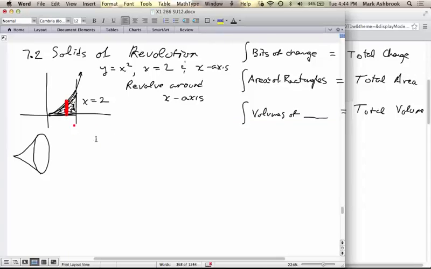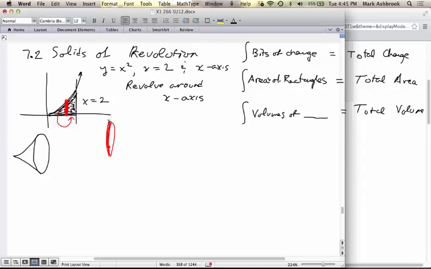Okay? So when we rotate that thing around the x-axis, we're going to get... If your pictures aren't great at first, keep working on it, okay?